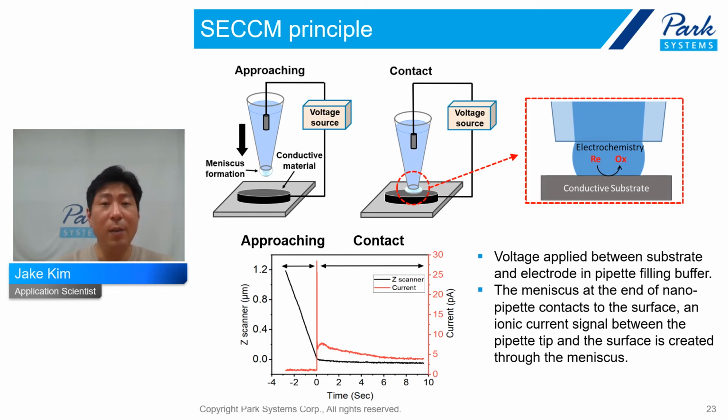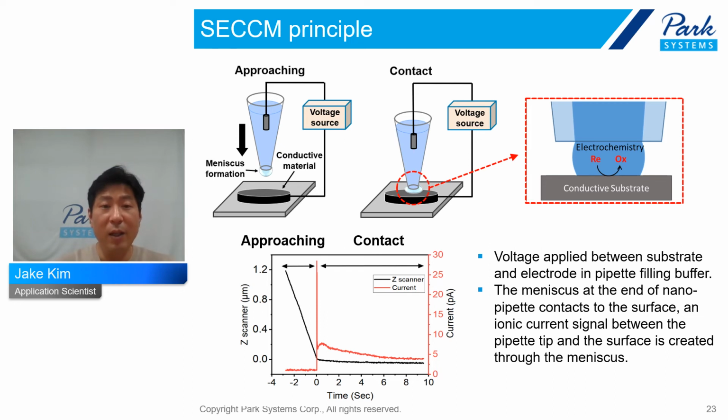For SECCM measurement, an electrode is inserted inside the nanopipette to collect the electrochemical signal. Once the pipette approaches or contacts the sample surface, the meniscus is formed and a current signal between the pipette tip and sample surface is generated inside the meniscus region.